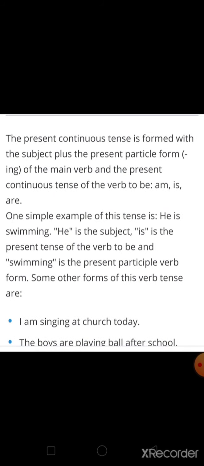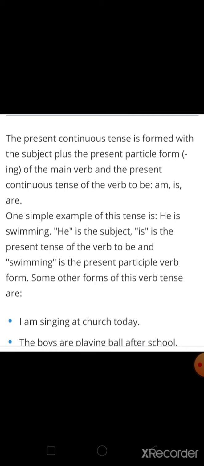Let's move on further with the second form of the present tense, that is the present continuous tense. The present continuous tense is formed with the subject plus the present tense of the verb to be, am, is, and are, plus the present participle, the ing form of the main verb. Right?